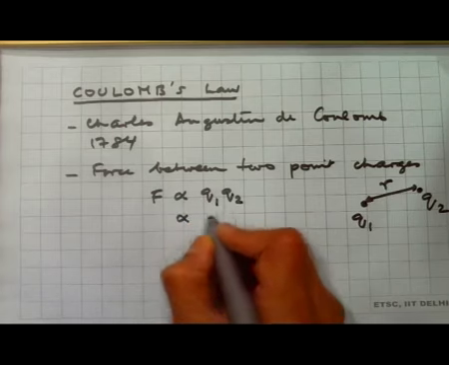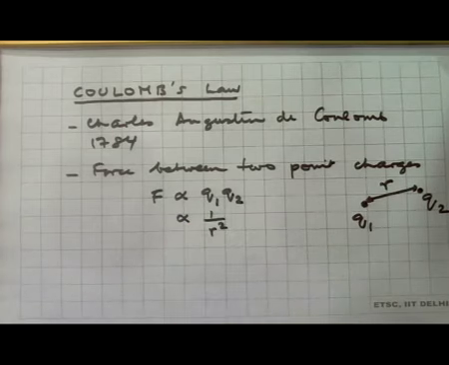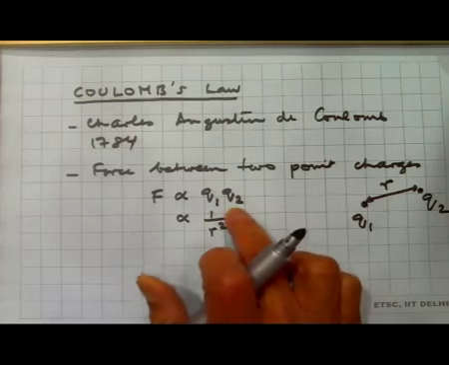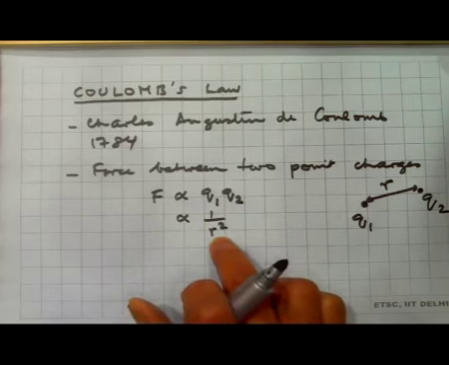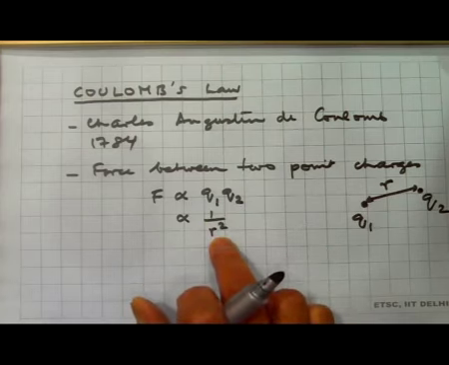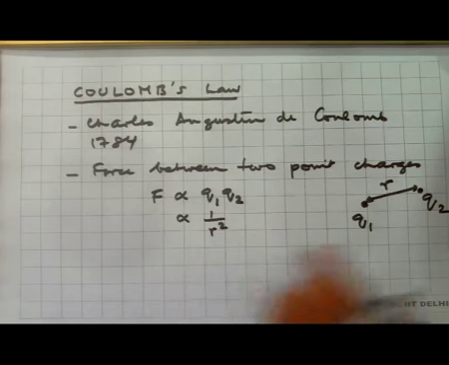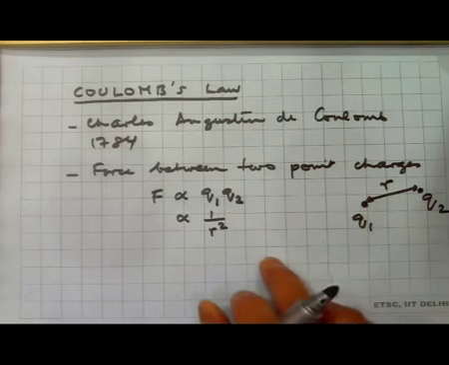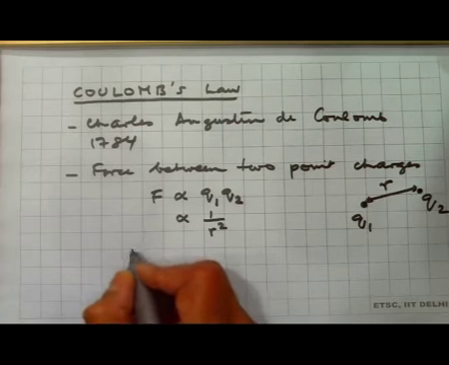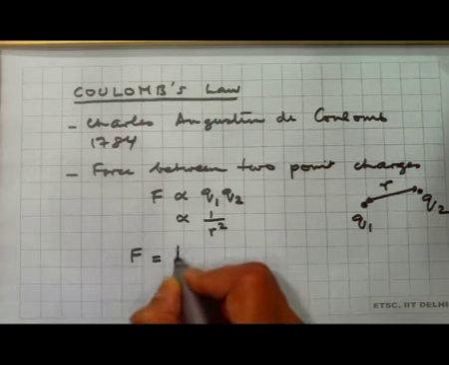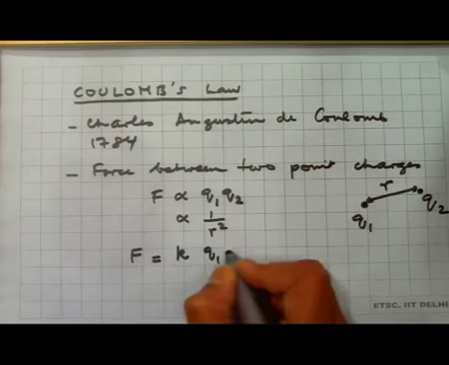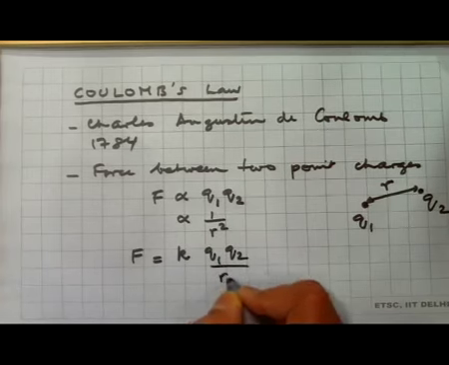It is also proportional to 1 by r square, directly proportional to the product of the two charges and inversely proportional to the square of the distance between the two charges, and the force is along the line joining the two charges. So, if I were to write the magnitude of the force, it will look something like this, some constant q1 q2 by r square.